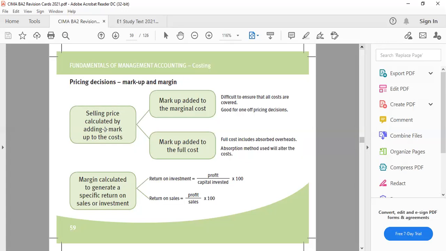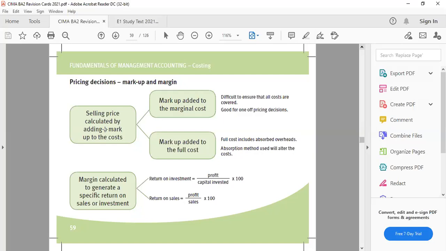How to calculate what's the margin? Margin is calculated to generate a specific return on sales or investment. So some percentage is calculated and it is added to the present situation. So how is that calculated? It says that margin is calculated to generate a specific return on sales or investment.